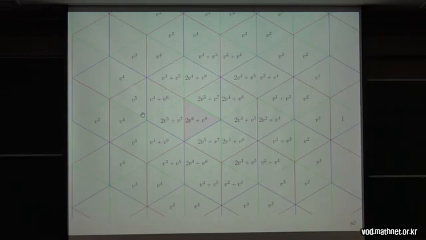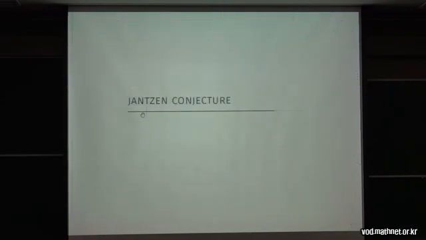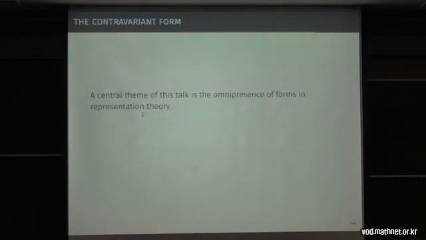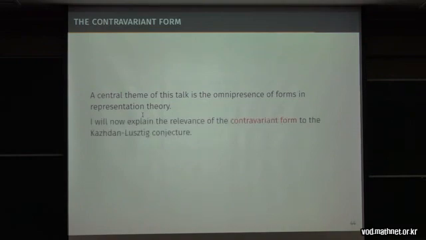And lastly, I just want to discuss the Jantzen conjecture, which is some analog of the Kazhdan-Lusztig conjecture, and it's very, very beautiful because it takes us back to forms. I'm trying to emphasize the presence of these forms, and I want to explain a contravariant form and its relevance to this Kazhdan-Lusztig conjecture.